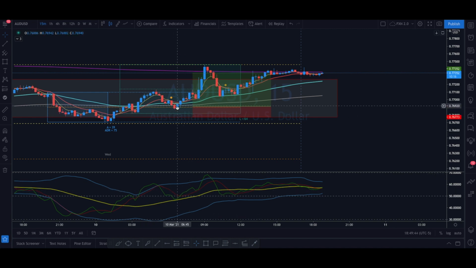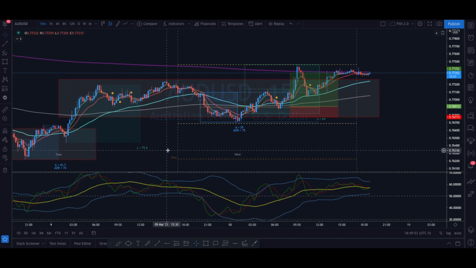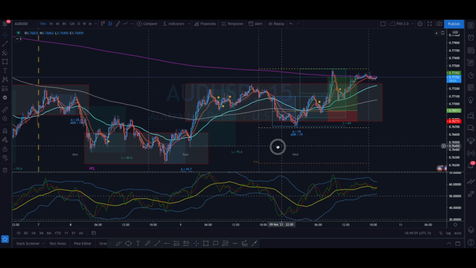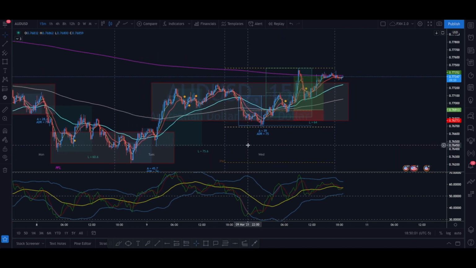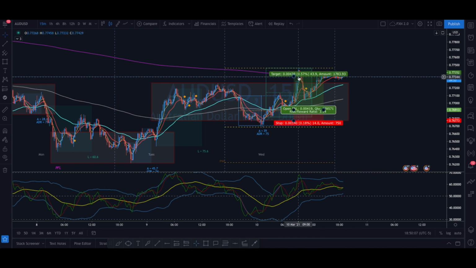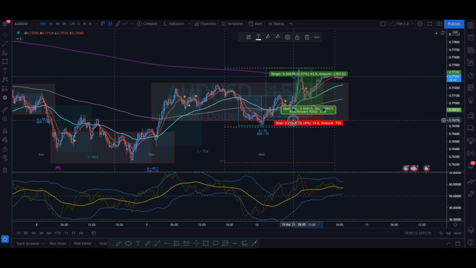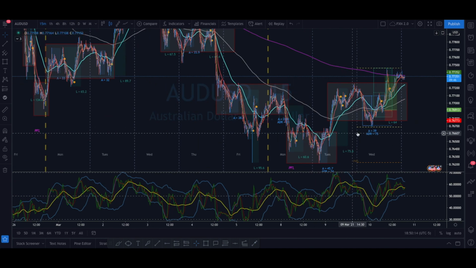So you have the pattern, you have it in the right timing at 6:45 in the morning, London. You have TDI confirmation, you know where you are in the levels, right? So everything is in tune with what you're looking at, and so you're looking for buys, and there's your trade. Take it up to the 800 EMA, gave you easy 43 pips. The risk reward ratio was 3-to-1 on that trade.